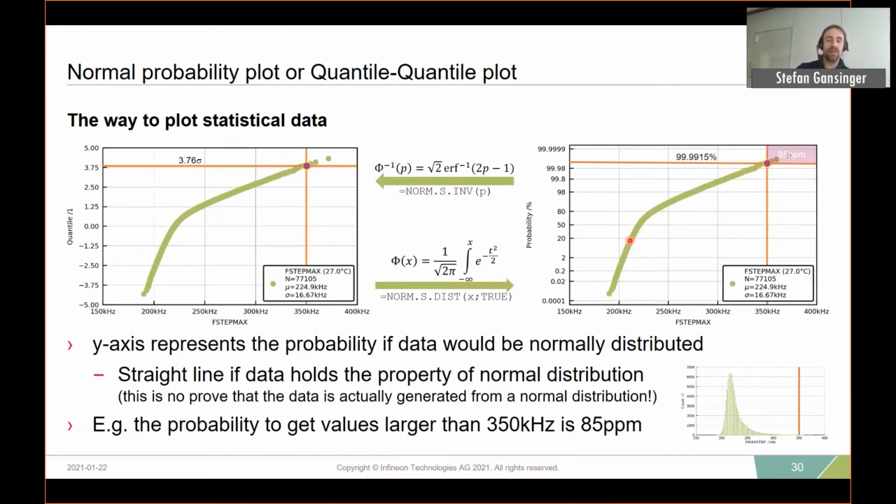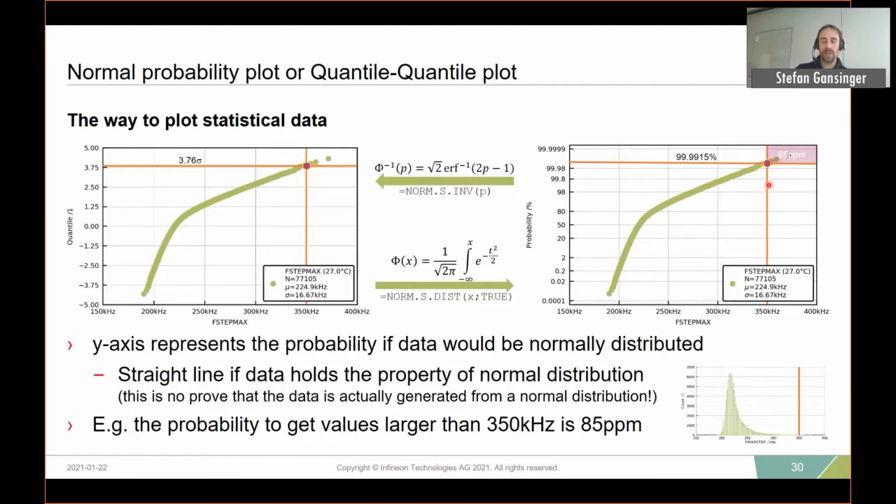Another benefit of this type of graph is that when we use the probability axis, we immediately see the yield value. Let's assume this is some circuit parameter, and we have a specification for it, which in this example is 350 kilohertz.